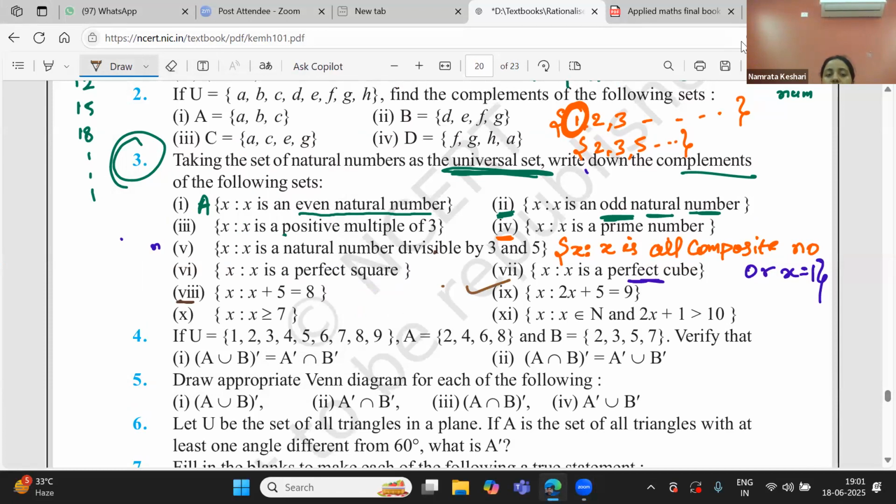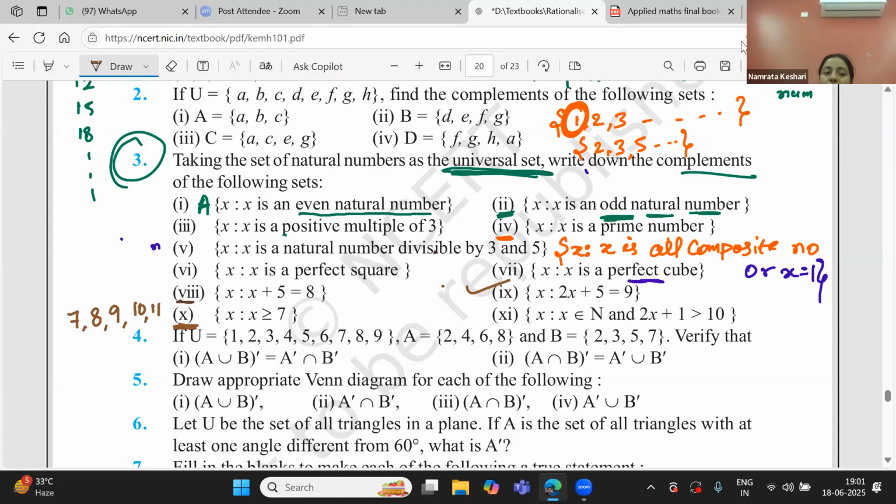Number 10, you can see x must be bigger than or equal to 7. That means x can be 7, 8, 9, 10, 11. This is the set written in number 10, and you need to find the complement. That means you need to exclude this.